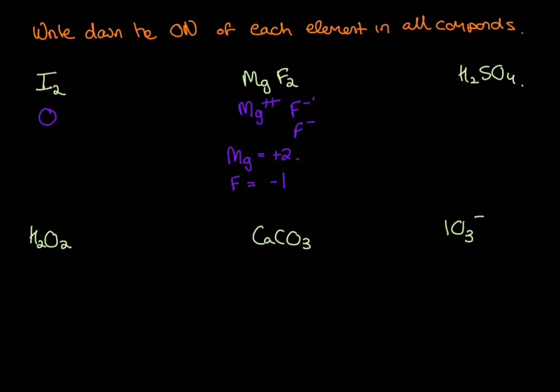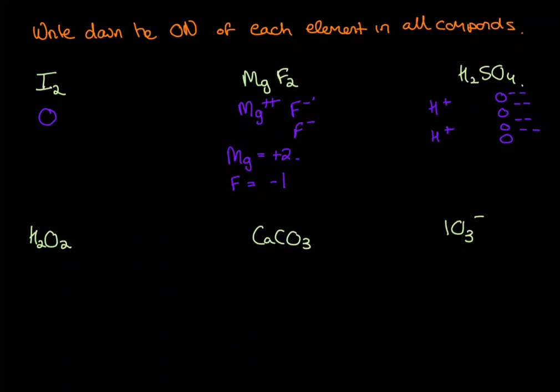H2SO4. So let's break it up. Each oxygen wants to get 2 electrons. Each hydrogen can give 1 electron. It needs to be balanced, so everything in this, the oxidation numbers, they need to add up to 0.